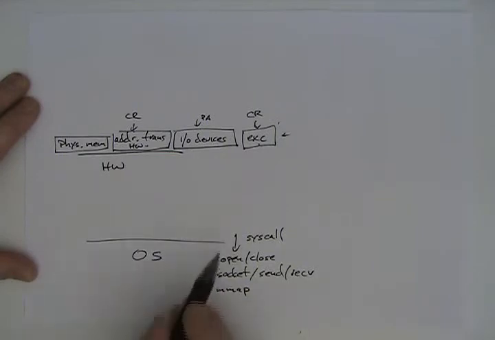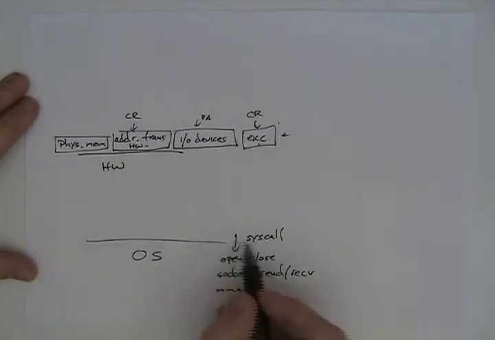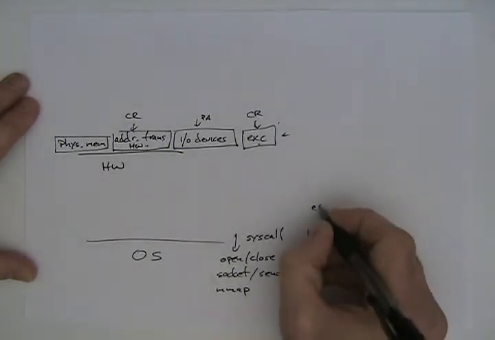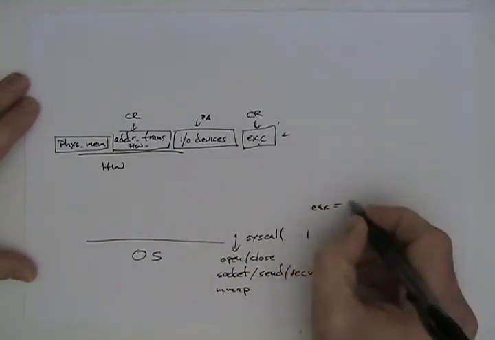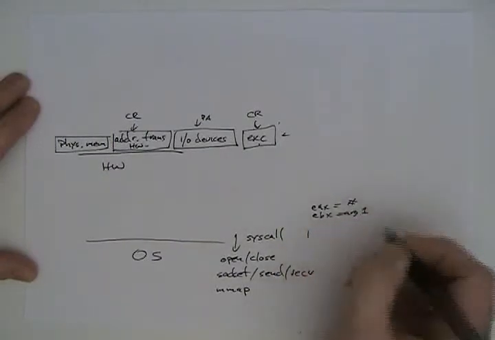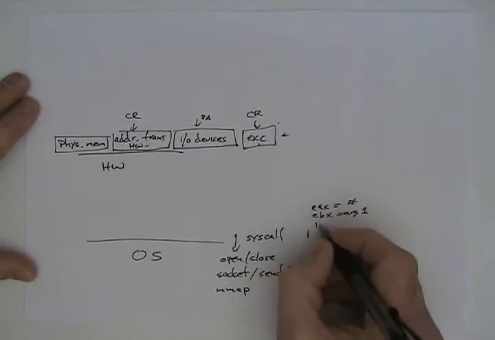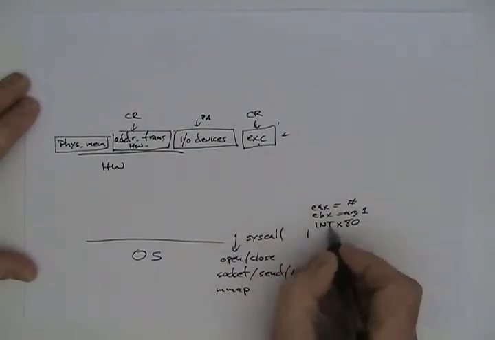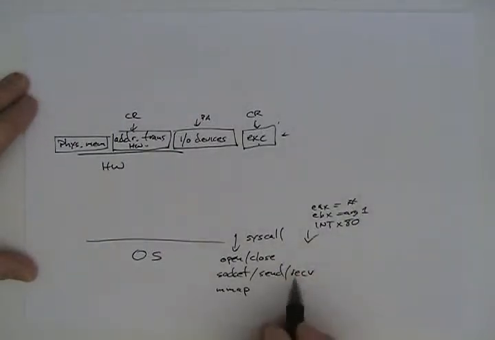But this is a much higher level interface, and it's controlled basically through system calls. EAX equals the system call number, and then we do a trap, and that goes into the kernel, and it performs one of these functions.